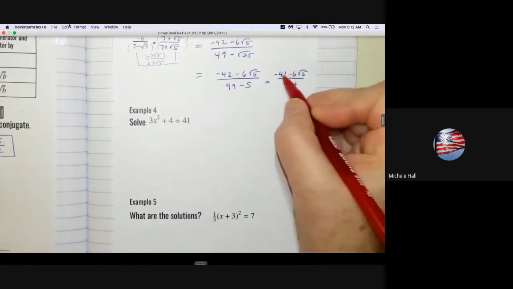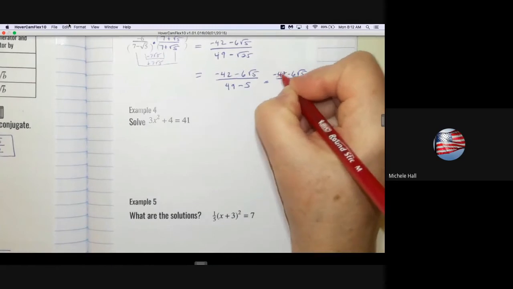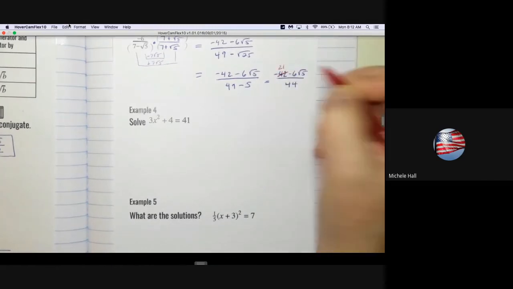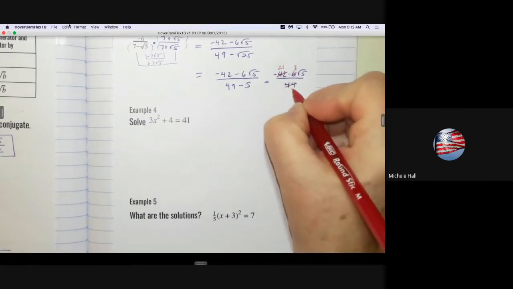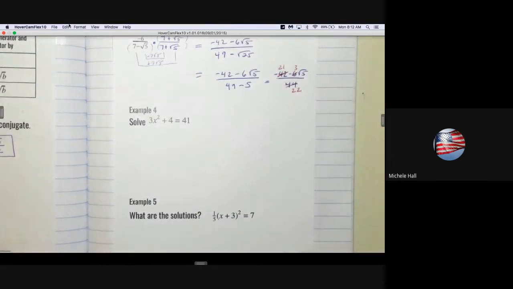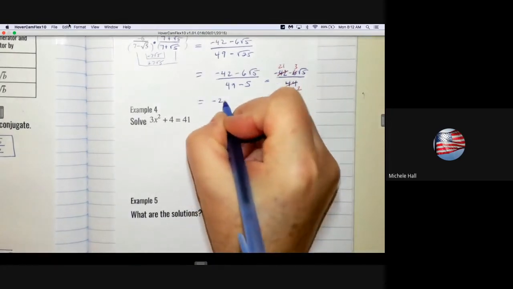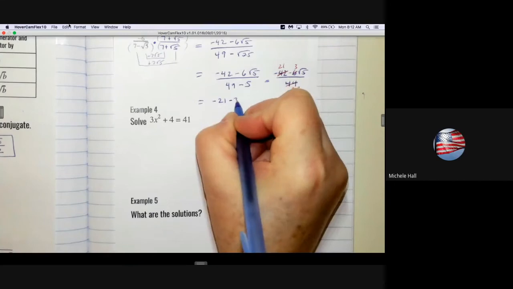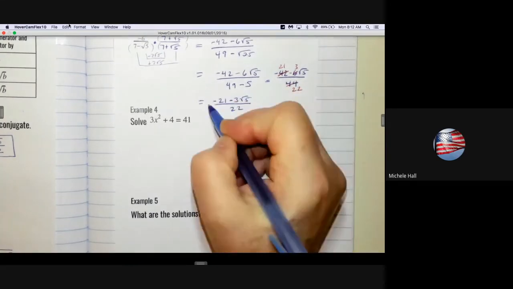I am going to reduce by dividing by 2. That'd be negative 21, negative 3, and 22. So my final answer then would be negative 21 minus 3 square roots of 5 divided by 22.